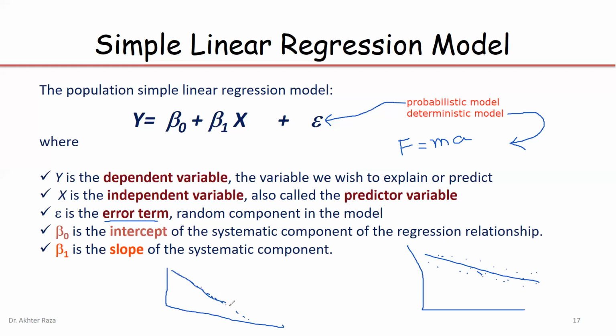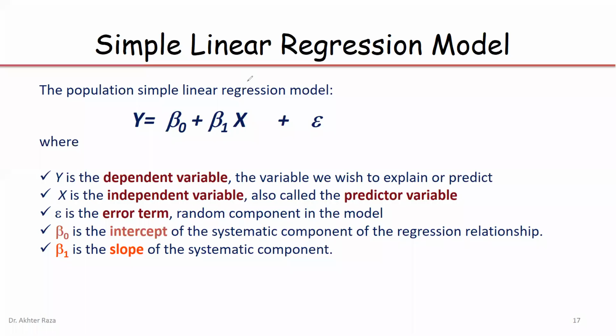We have a regression model which is deterministic in nature. If we have a scatter in the data and we want to fit a best line, then we can call it a probabilistic model. So that is the difference between the probabilistic and deterministic model.